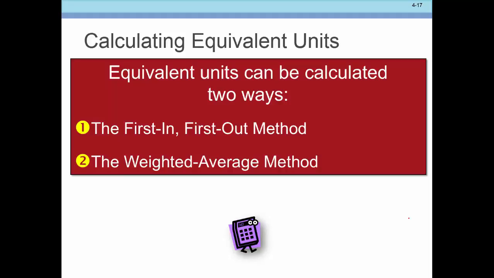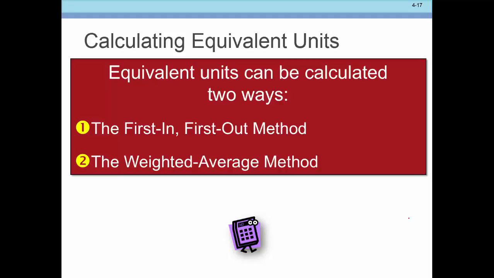Why? Weighted average is easier. Weighted average, we take all the costs for the period, divide it by the number of units, don't we? We take our beginning inventory plus our additional cost for the period, which gives us our goods available for sale. We divide that by the number of units. We get a cost per unit, don't we? That's really easy, right? That's the easiest one.